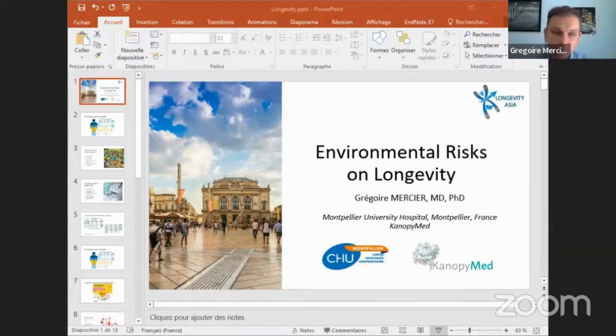So if we start with health behaviors, and that's just a very quick reminder that there is a growing body of evidence of successful and sometimes very powerful interventions that have been proven to improve your longevity at the individual level. And again, that's just background information for us today.